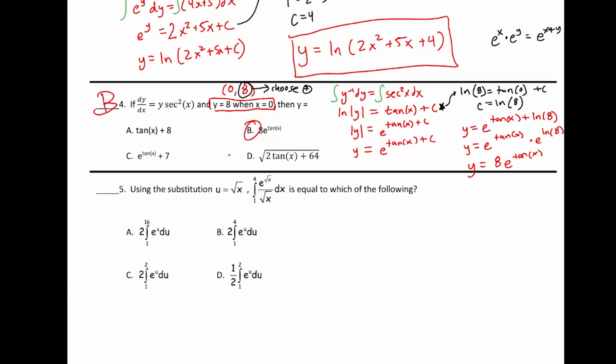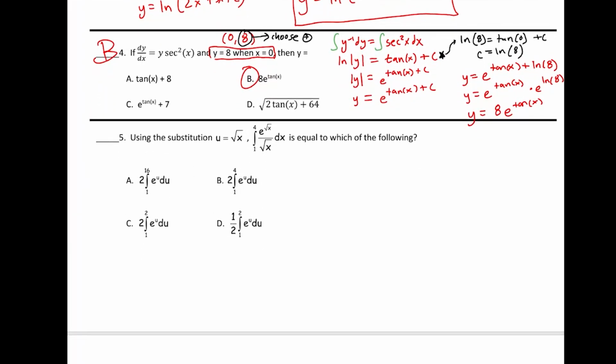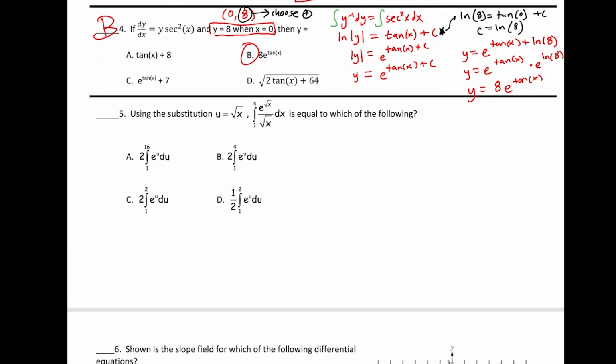So like if I differentiate this one using the chain rule, I should get y, which would be like 8e tangent x times secant squared x. So yeah, just be looking out for that. You could work this one backwards. It'd probably take a lot of time because you'd have to check all 4 answer choices. But if you got the time, you could definitely work backwards there.